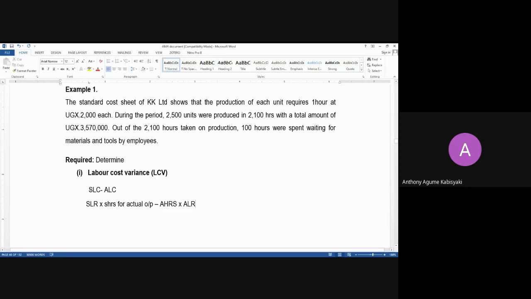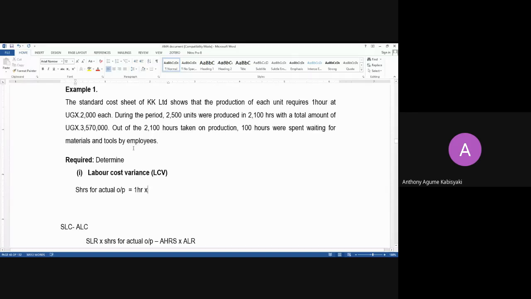So let me first get my standard hours for actual output. The standard cost sheet shows that each unit requires 1 hour. I will multiply this by the actual output.